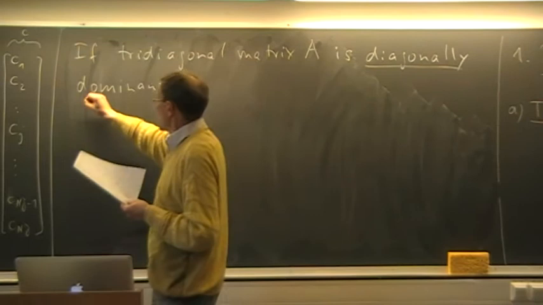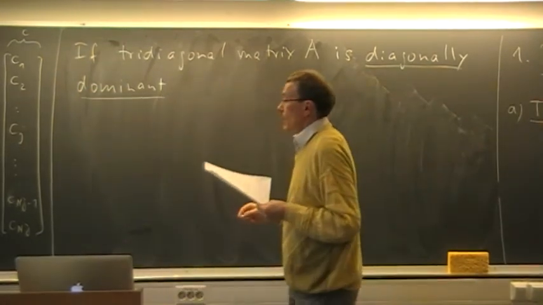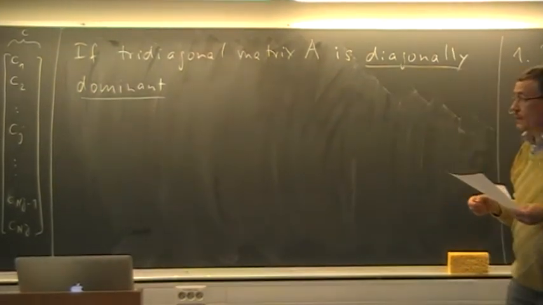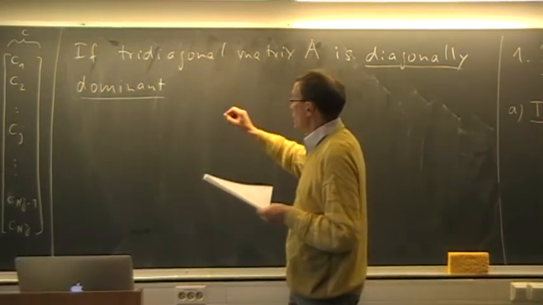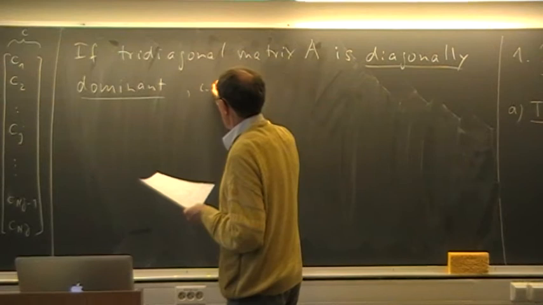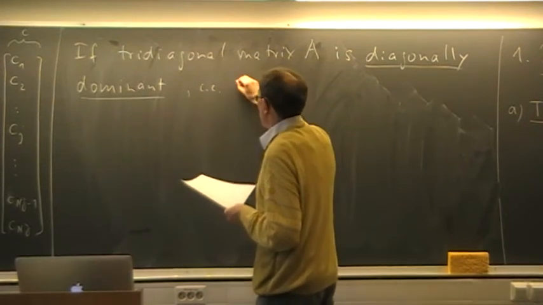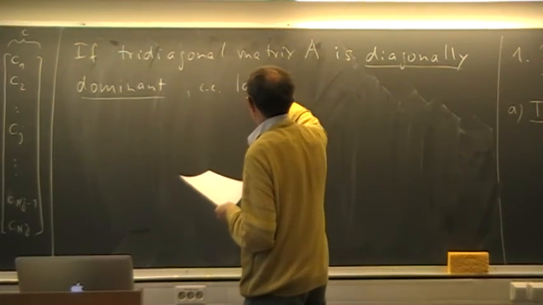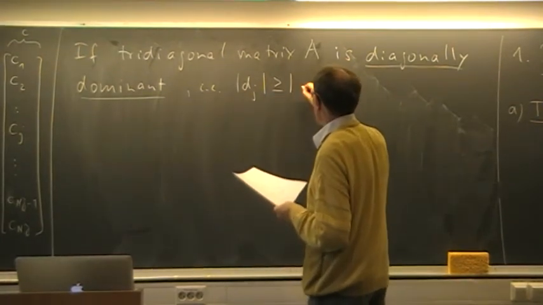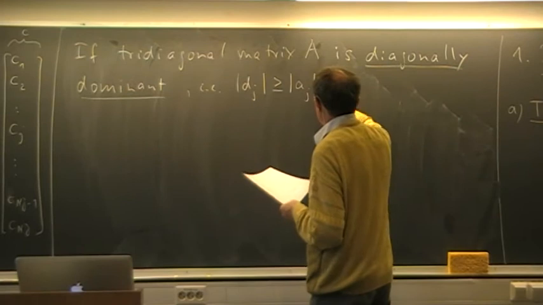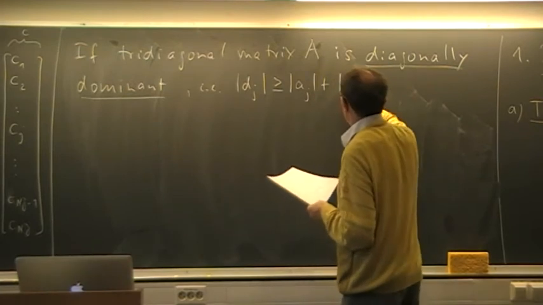so what does that mean? That means that the absolute value in the diagonal is larger than the sum of the off diagonals. So in our case it means that dj is larger or equal to the absolute value of the off diagonals, that is aj plus bj.